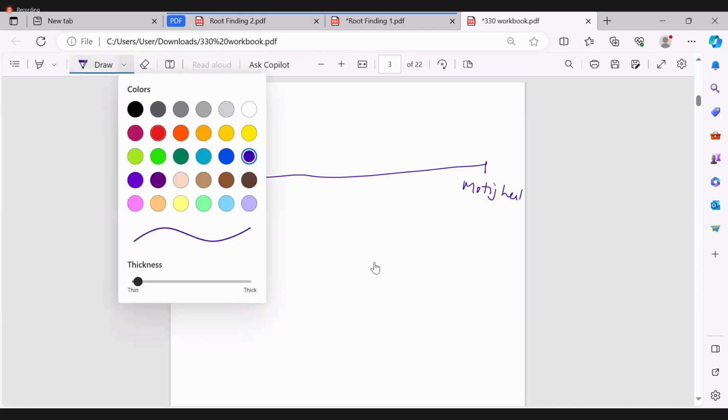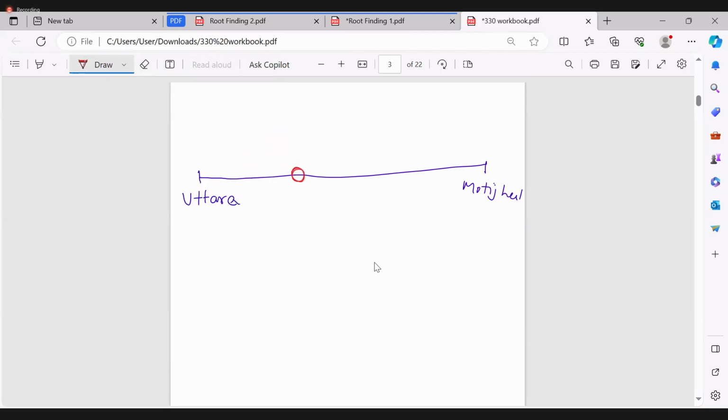So let's think of a road map of Dhaka. So there is Uttara and there is Motijheel, and there are two stops. One is your friend's home, which is at Banani, and one is your university, which is Mohakhali. We know that we are shifting, and just for sake of convenience, I said this.